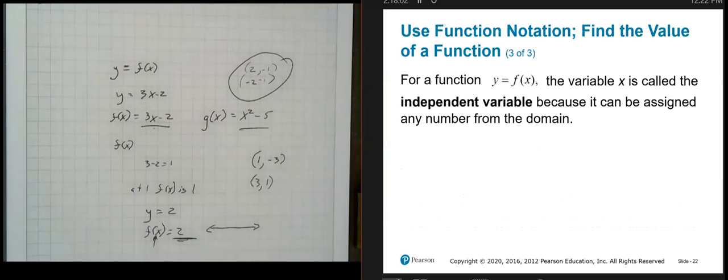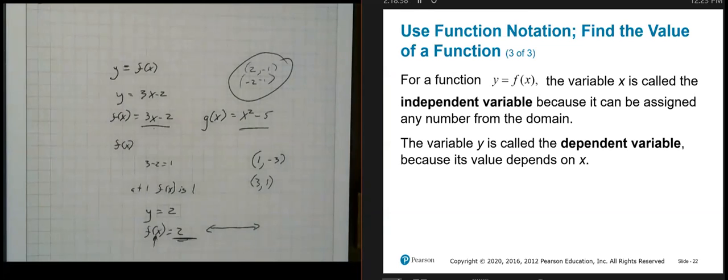We either choose that number, we say we're starting with this number, or we just input different numbers, or we have a method for putting in the numbers, but what numbers we choose to put in is totally arbitrary. So that's why they're independent. Now, the number we get out in the range is called the dependent variable because it depends upon which x we put in.